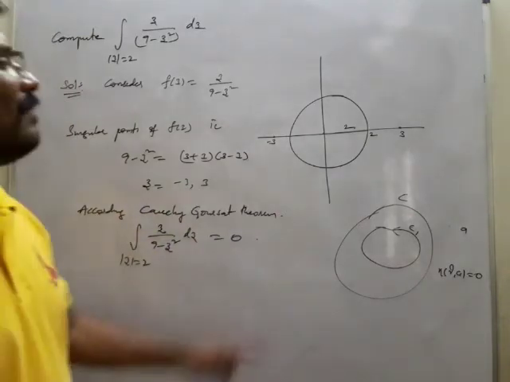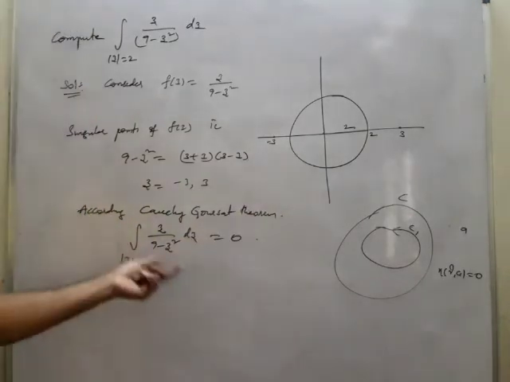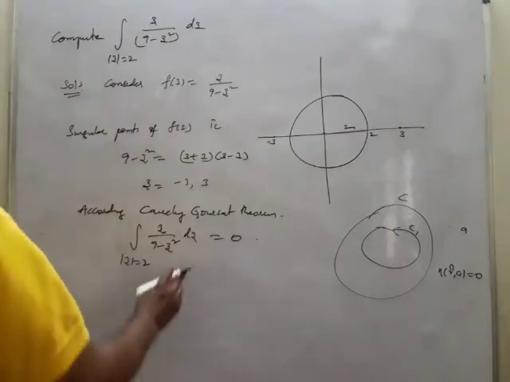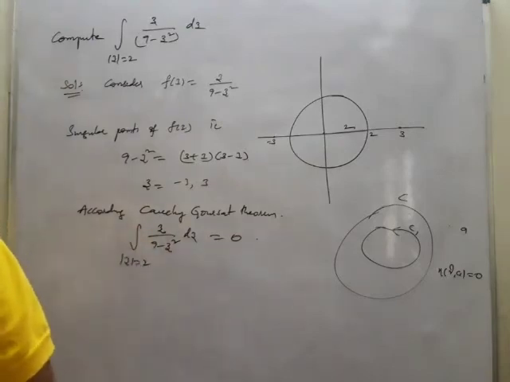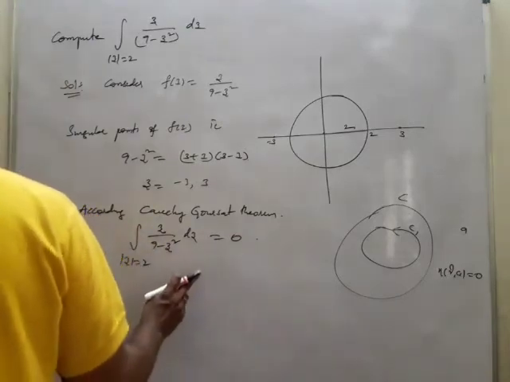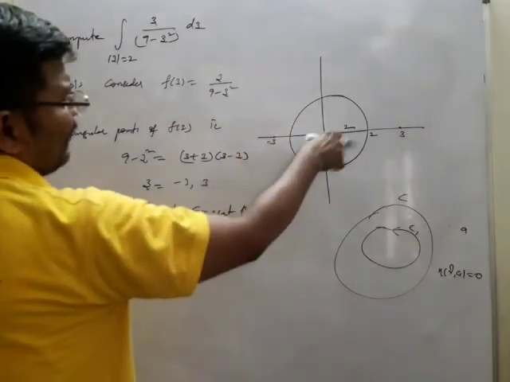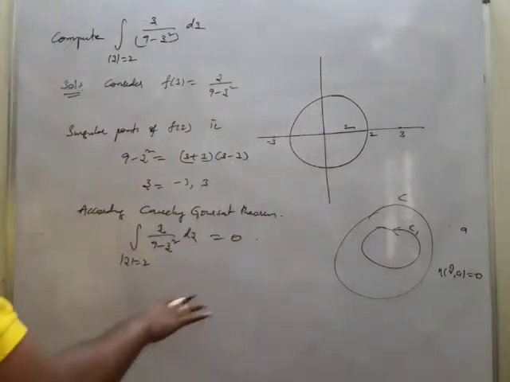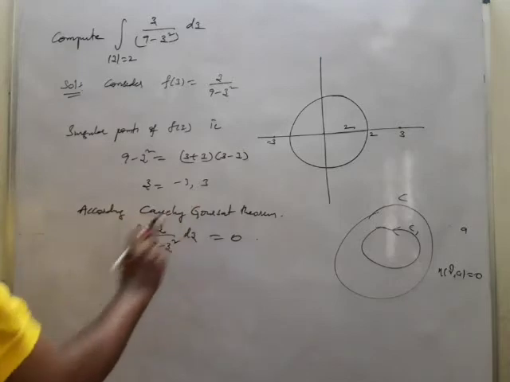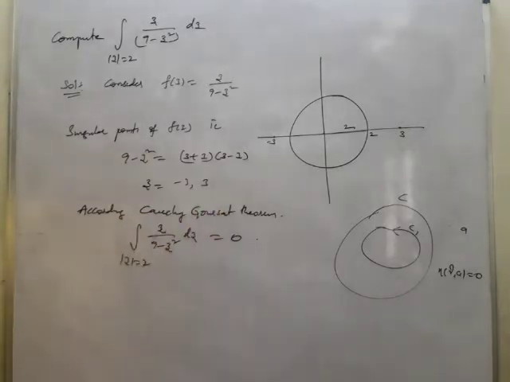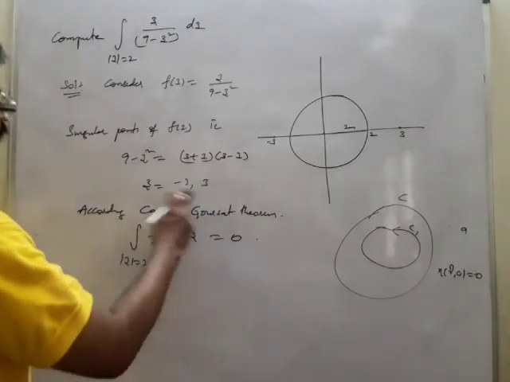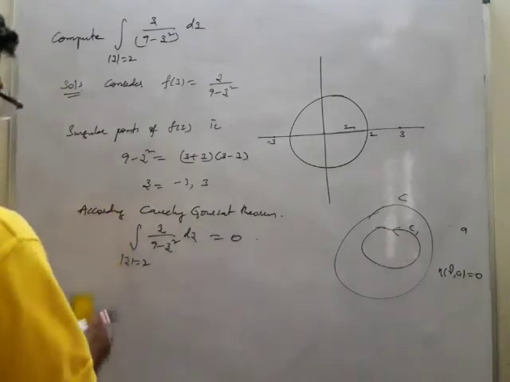When it lies inside it becomes 1, but it is lying outside, so that will be 0. You can see that f of z is analytic inside the region, and only then can we make use of the Cauchy-Goursat theorem. Therefore we can say that it is 0. This is one of the methods.